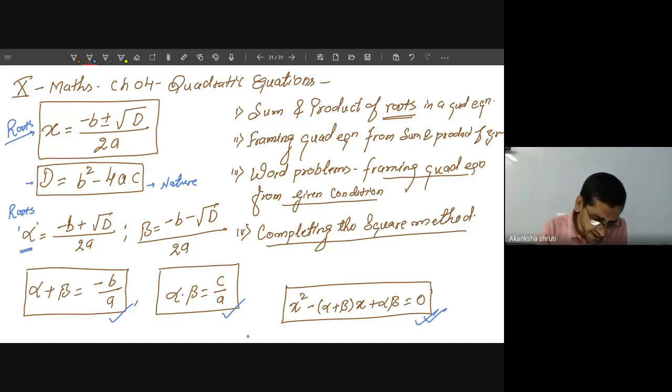And the other one is called beta. Beta is obtained by taking the negative sign between minus b and under root d, and it is given by minus b minus under root d by 2a. Okay, so starting from the very basic quadratic equation, we can obtain the roots.